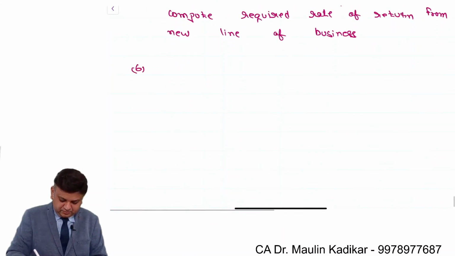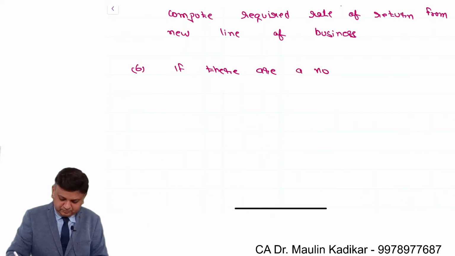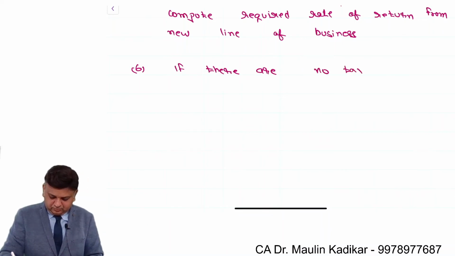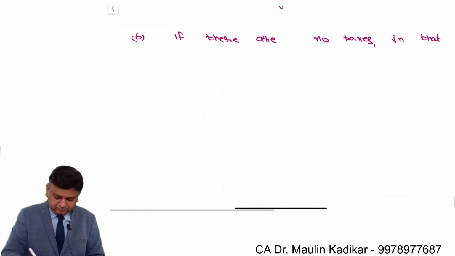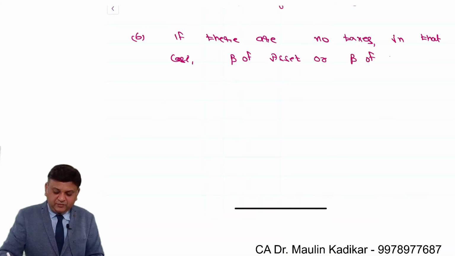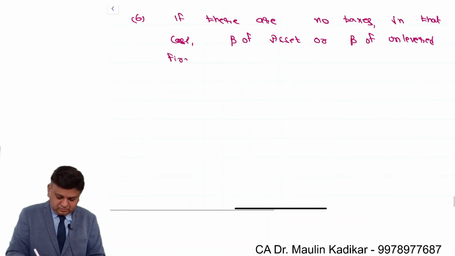Next point. If there are no taxes, comma, in that case, beta of asset or beta of unlevered firm is calculated as under.